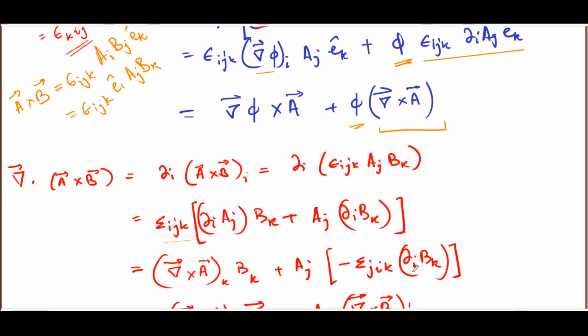But if you're going to take epsilon_ijk with del_i b_k, you have to remember that now i and k are going to be the dummy indices. j, at least as far as this part is concerned, is free. It's of course not free overall. It's going to be contracted with the j in a_j later. But at this stage, you can think of this as a free index.